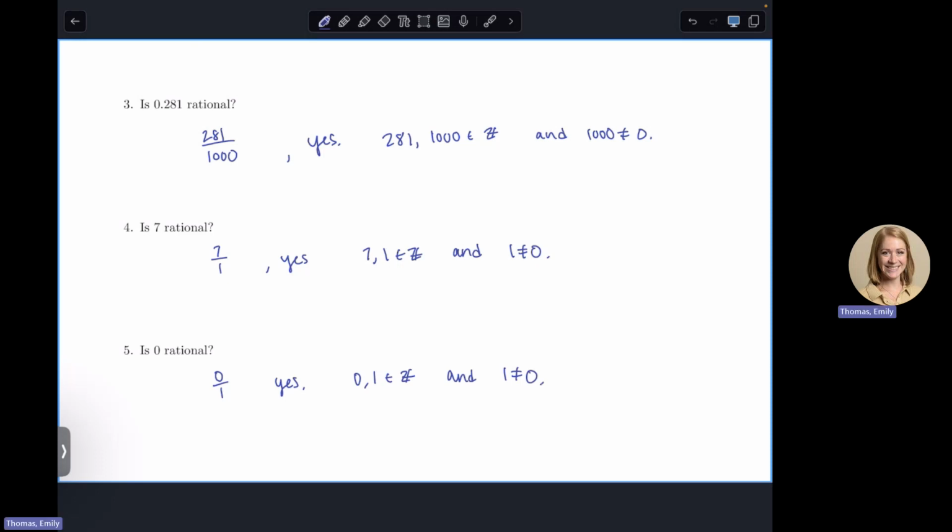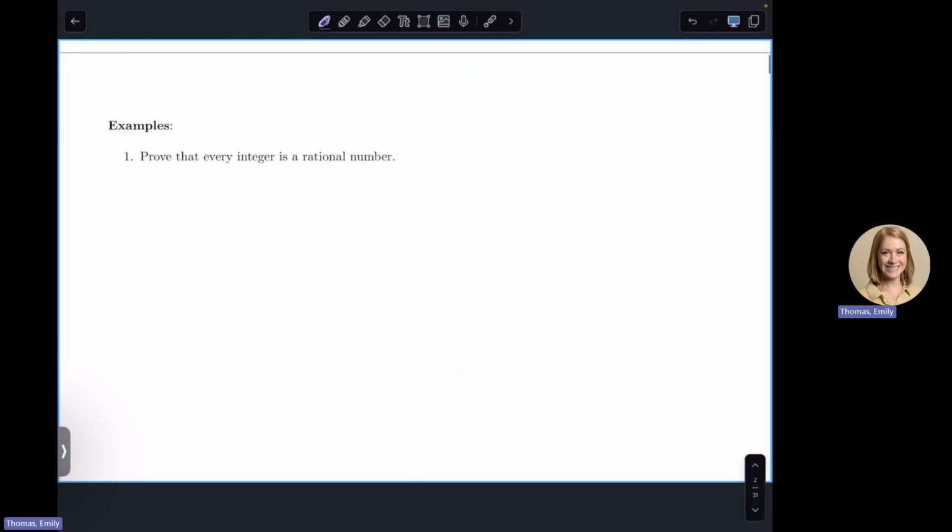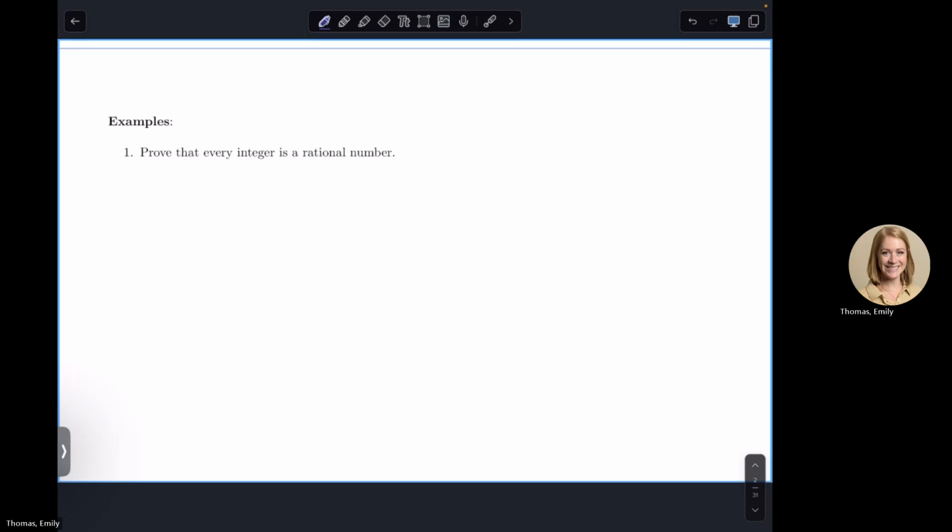All right, do you have any questions about those 5 examples? No? Okay. Let's write our first proof of the day of the test 2 material. Here is our first proof.